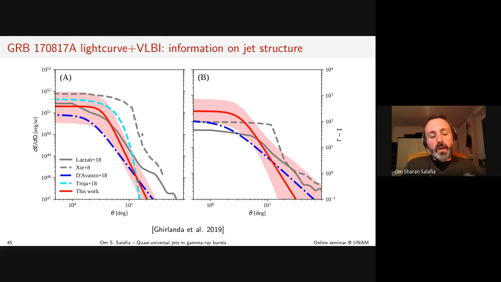And we also contribute in supporting the idea that this was indeed a successful jet by measuring the size of the source in the VLBI images and finding that it is too compact to be an isotropic outflow. And so here in red, you see the structure of the jet as found by our modeling, with the pink region representing the uncertainty on the structure.